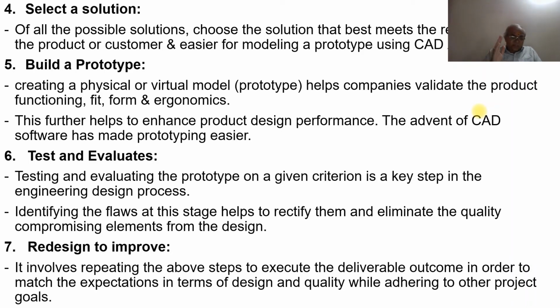That's step number 6. Testing and evaluating the prototype on a given criterion is a key step in the engineering design process. Identifying the flaws at this stage helps to rectify them and eliminate the quality-compromising elements from the design. So when you test and evaluate a given prototype model, if there are any flaws, you can identify the mistakes and rectify them then and there itself.